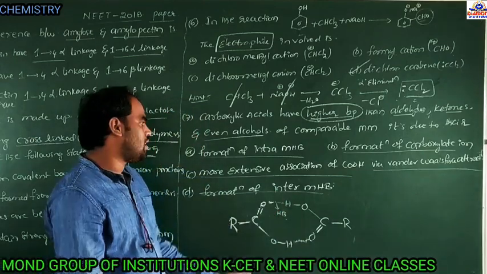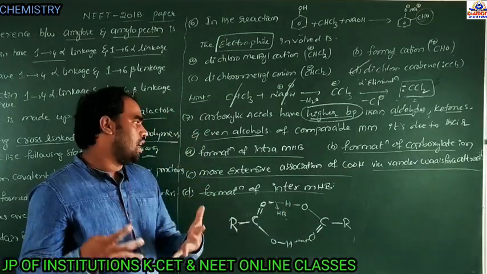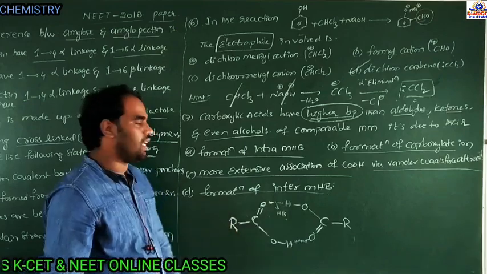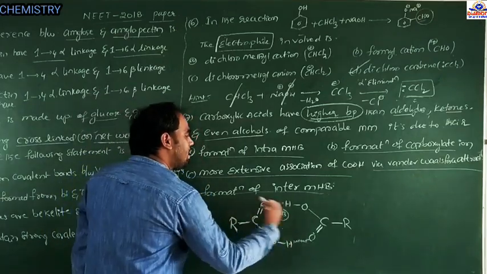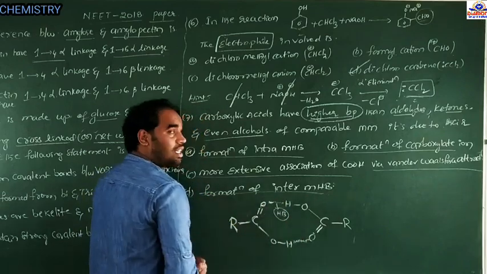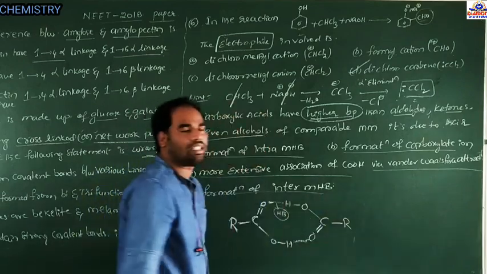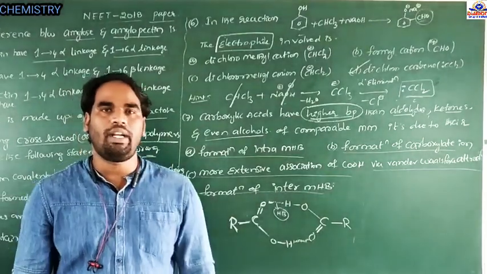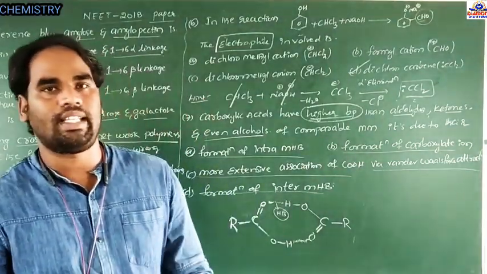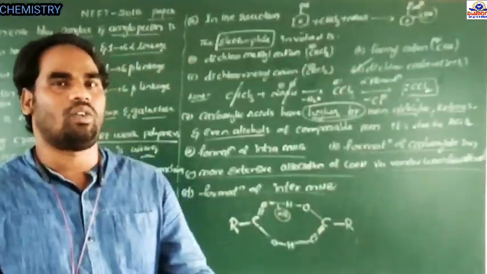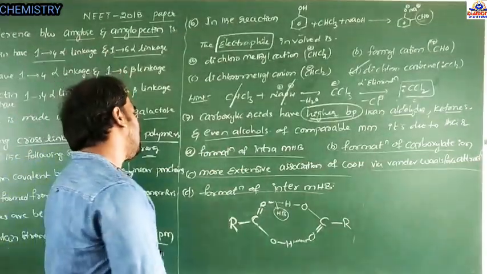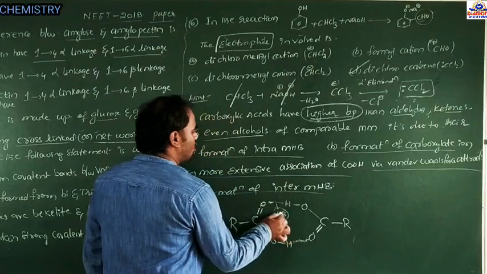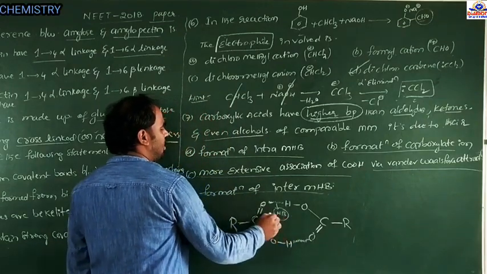Due to the presence of this hydrogen bond, they are associated liquids, and these hydrogen bonds are formed between different carboxylic acid molecules. If the hydrogen bond forms in different molecules, that is called an intermolecular hydrogen bond.